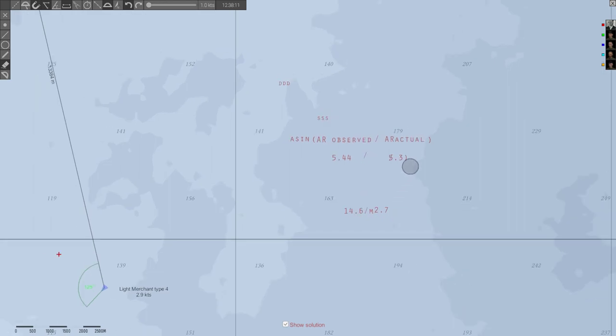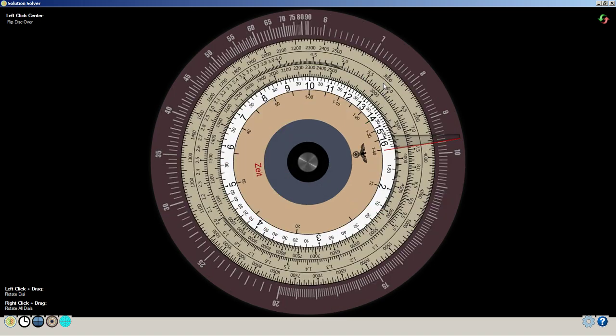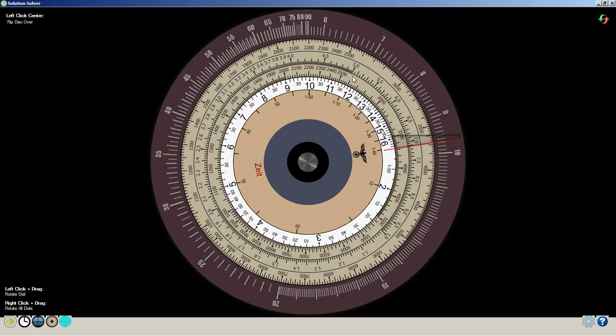We also covered the fact that with a typical sine function like this, you'd work from left to right, and I'd say aspect ratio observed over aspect ratio actual. Well, that actually doesn't work in this, because both aspect ratios are on the same disk. You can't divide one by the other.